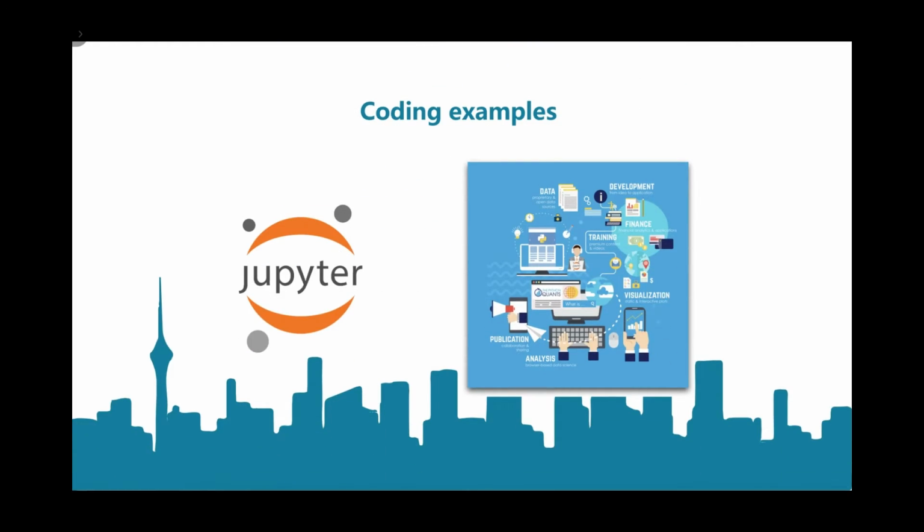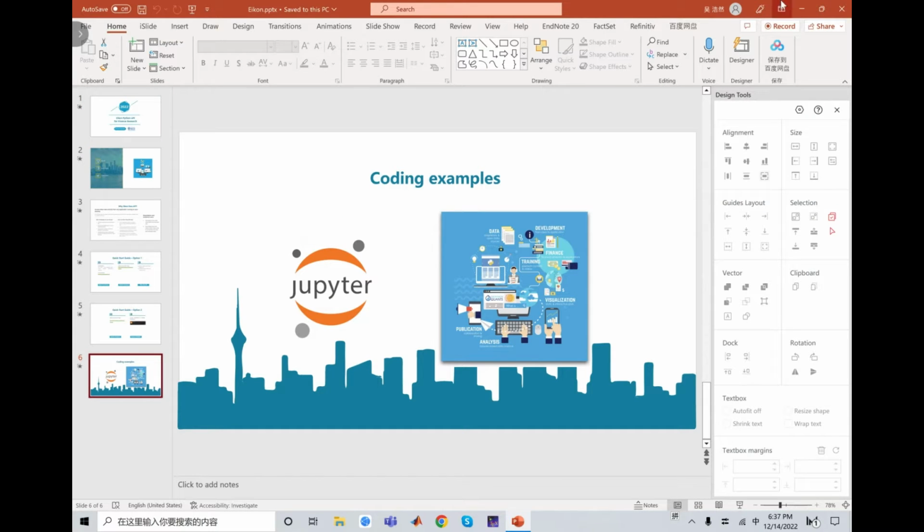In the last part, I will share some useful coding examples for you to be familiar with Eikon Data API, and I will use Jupyter Notebook to conduct this research. So here is the sharing about the slides. We'll move to our practical steps.